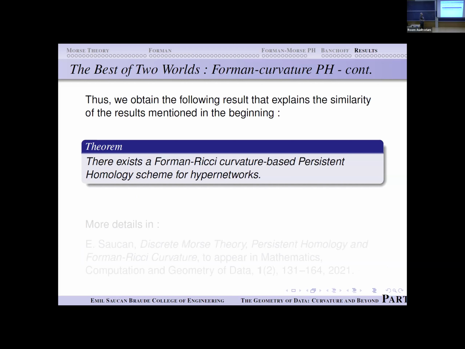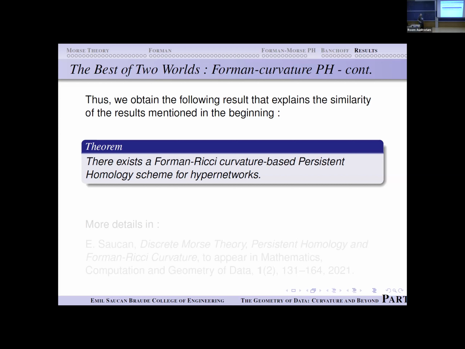This basically proves the result. So here the proof goes first, the idea of the proof, and only then the statement which says that we have a Forman-Ricci curvature-based persistence scheme for hypernetworks. And this is what resides.